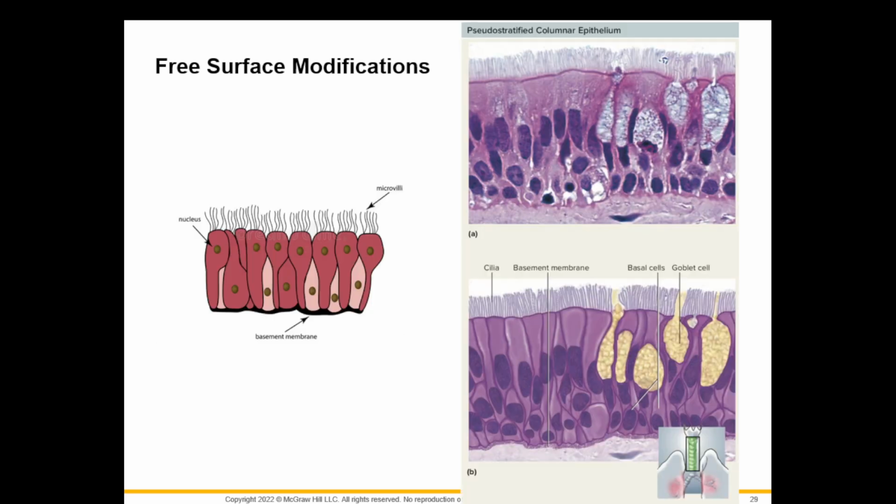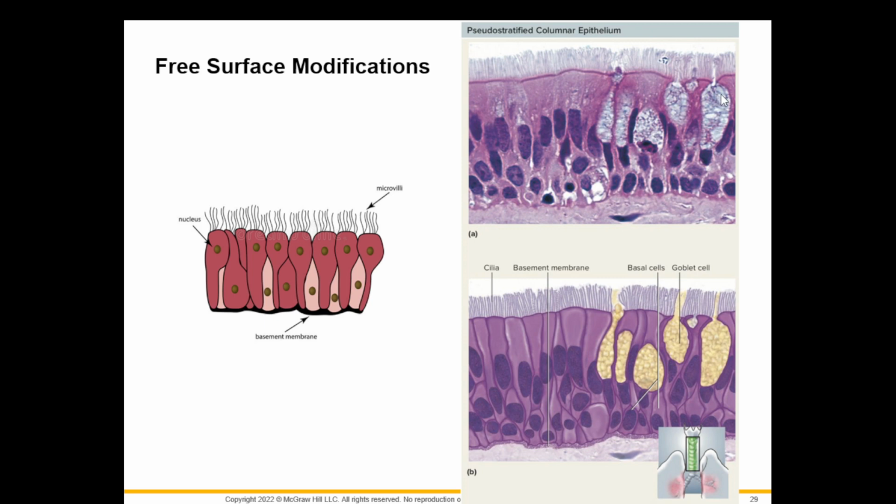So how do they appear? Like this. On the image to the right, we have a pseudostratified columnar epithelium. Again, these are found in your upper respiratory airway. You have different levels of nuclei, but all of them are actually attached to the basement membrane. Then they have structures called goblet cells which produce mucus, no?